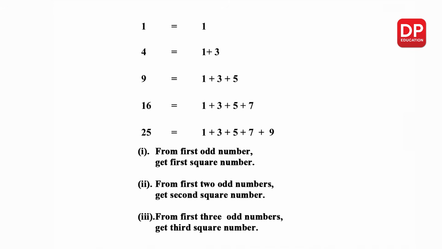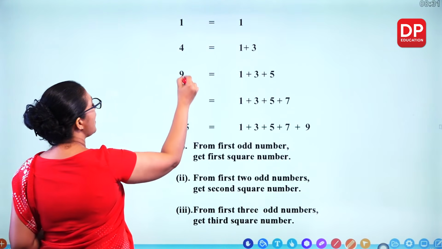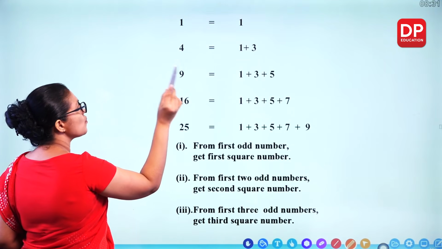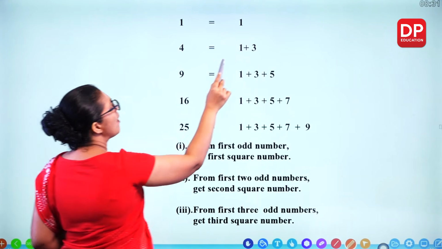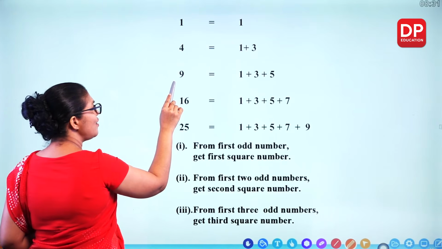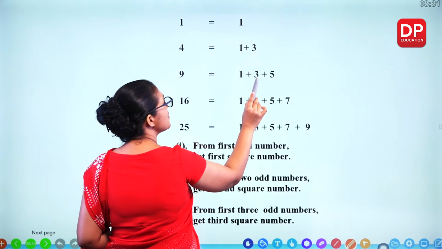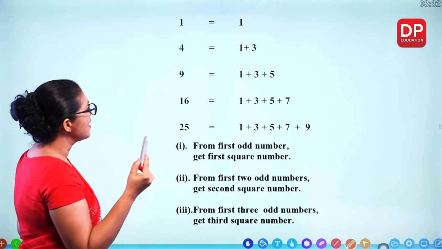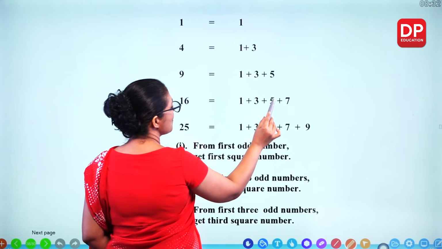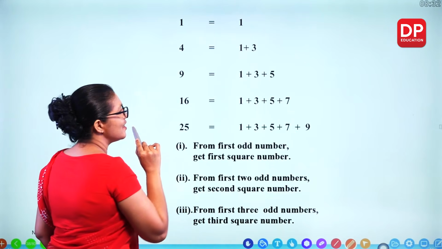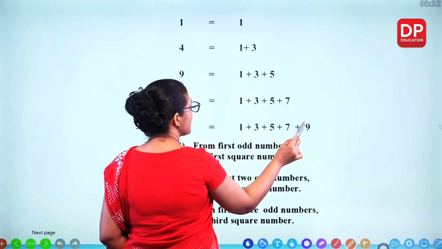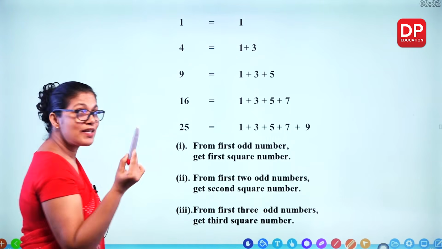Look at this pattern. Now we know 1, 4, 9, 16, 25 are square numbers. 1 you can take as 1. 4, 1 plus 3. 9 you can create like 1 plus 3 plus 5. You get 9. 16, 1 plus 3 plus 5 plus 7. 9 plus 7, 16. Then 16 plus 9, you get 25.